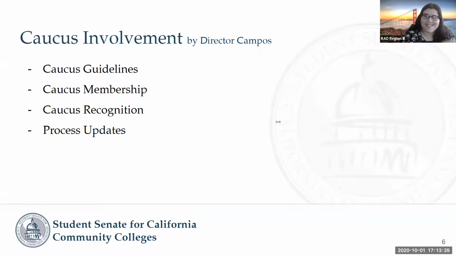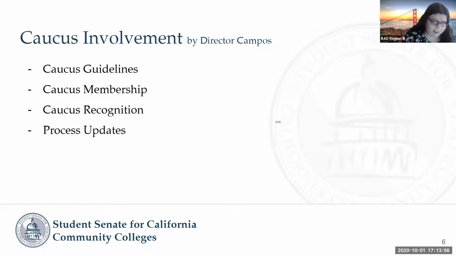Of course, each caucus has guidelines of its own that dictate membership specific to it, such as the Student Trustee Caucus. Right now for membership, there is a form where you can express your interest in a particular caucus, such as the Student Trustee Caucus or the Black Caucus.